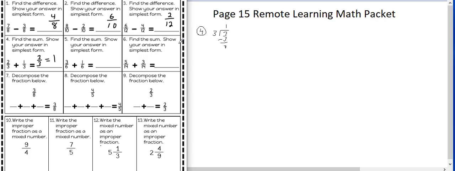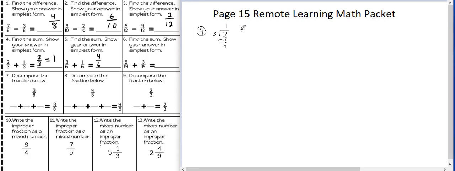I have 3/6 and 1/6. That would equal 4/6. And I have to put it in simplest form. That's what it has to do. So I have 4/6. All right.